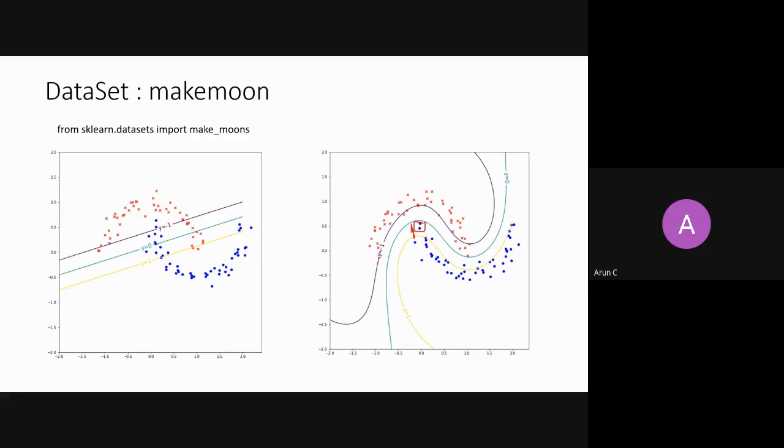There are a few points, 1, 2, 3, 4, and 5 points, only 5 points. Somewhere here there are also about 5 points. If you just accommodate these 5 points as an error, then you can have a broader margin, and it will be more generalized in that sense.